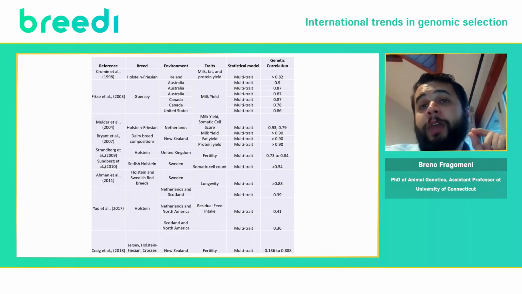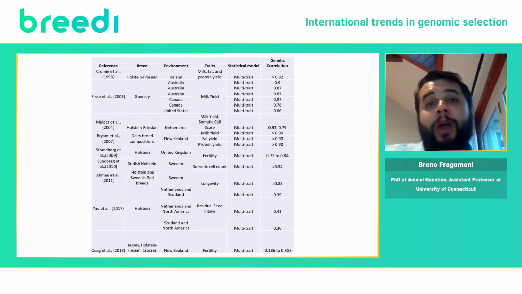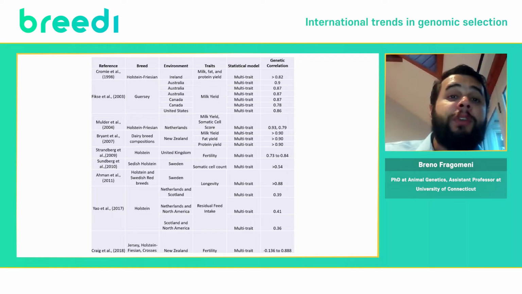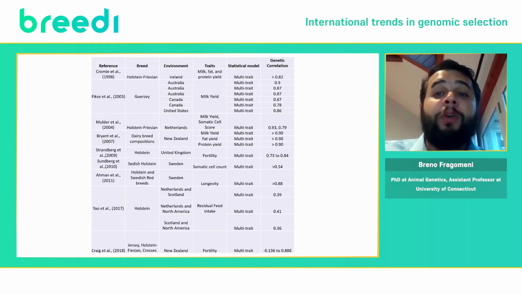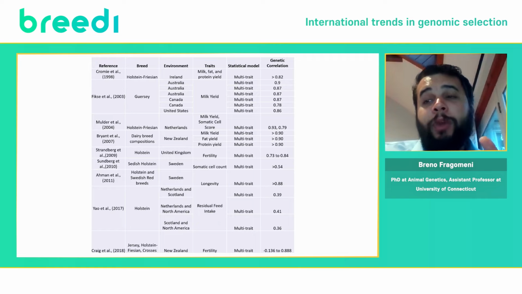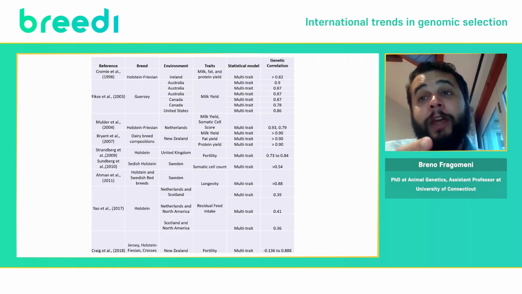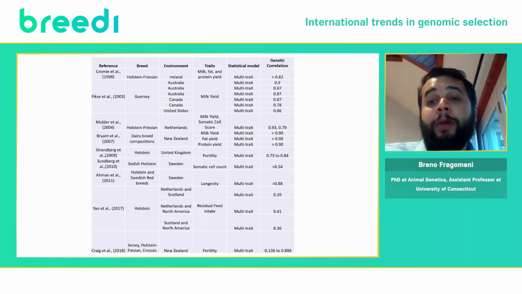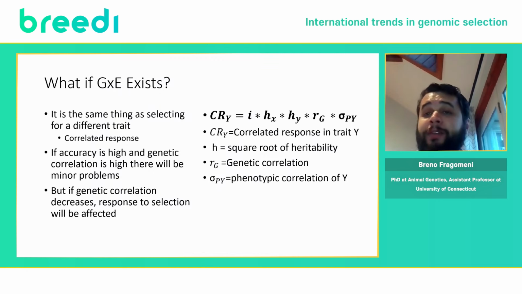So if we're thinking maybe just about milk yield, G by E is not a big concern, but when you start talking about health, reproduction, and efficiency, that's when we are going to start seeing those impacts. So this table here was made by my grad student that is actually pursuing the research comparing Connecticut and New England.